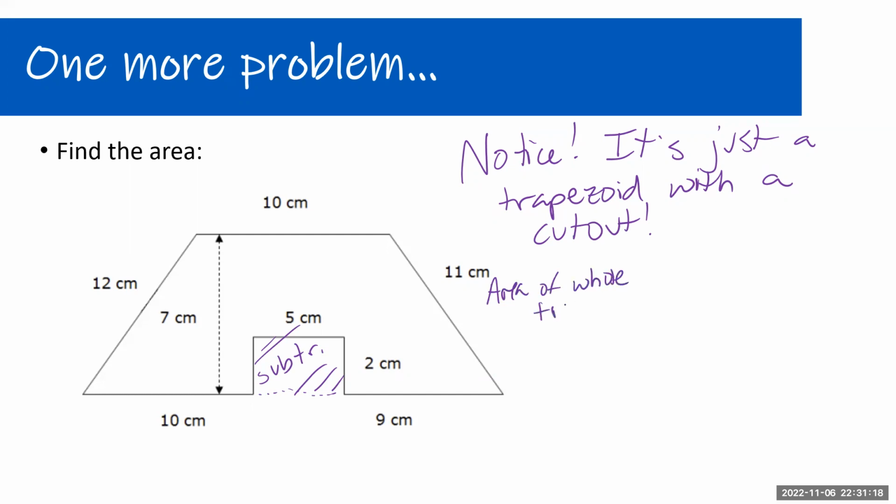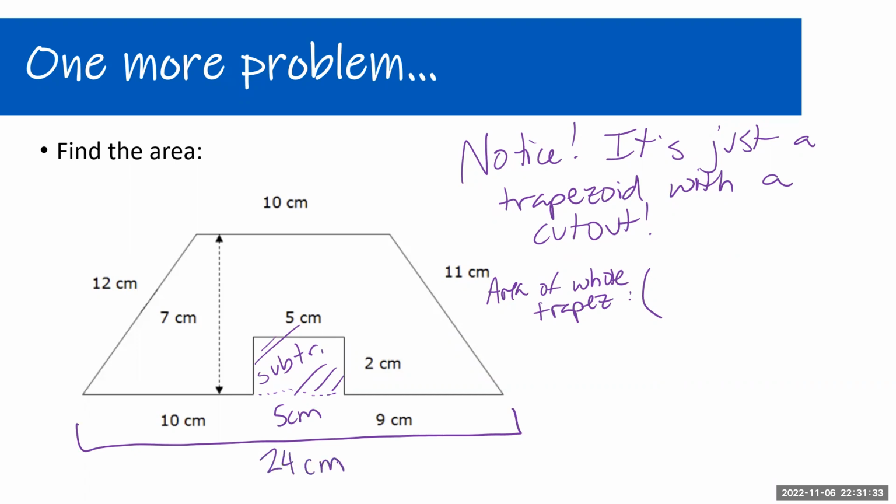The area of the whole trapezoid is going to be, if we look at our bases, notice that this is 5 centimeters, okay? So this whole base has to be 10 plus 5 plus 9, which is what, 24 centimeters? Okay.